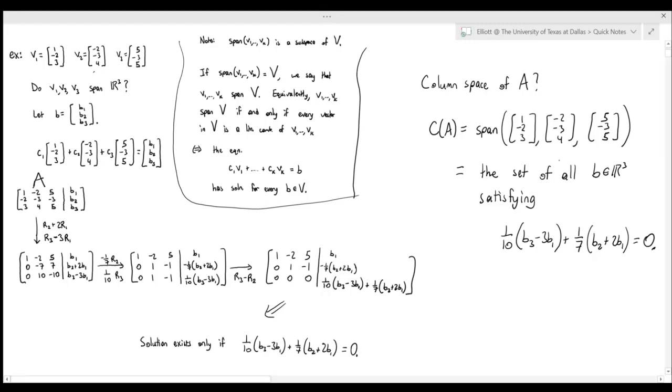So here we have two different but equivalent descriptions of the column space of this matrix A.